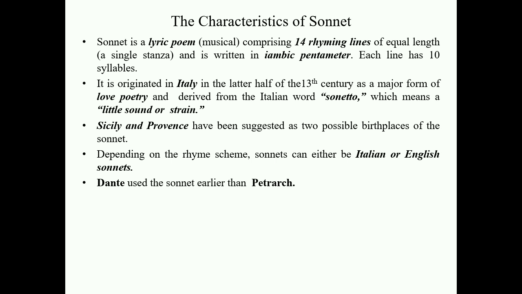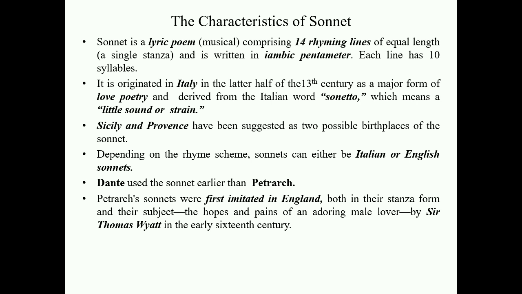When it comes to the sonnet, Petrarch is the most popular sonneteer, but before him there is a person who used this form for writing poetry, and that is Dante. So Dante used the sonnet earlier than Petrarch.